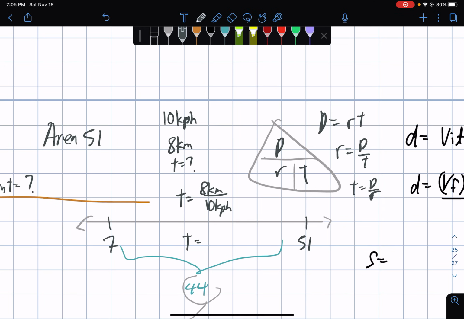So the units, kilometer, will cancel out, hour will remain. So 8 over 10, 4 over 5, I believe this is 0.8. Yeah, 0.8 hours.